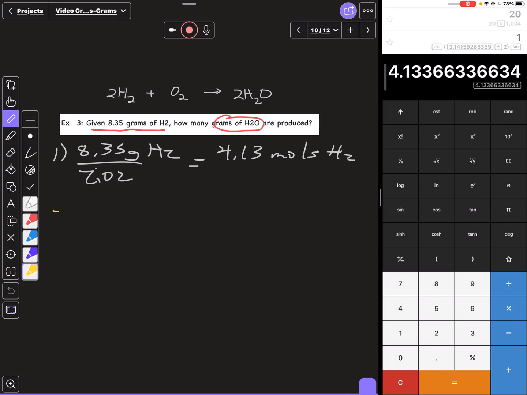My next step, go from moles of H2 to moles of H2O. It's a 2-to-2 ratio.